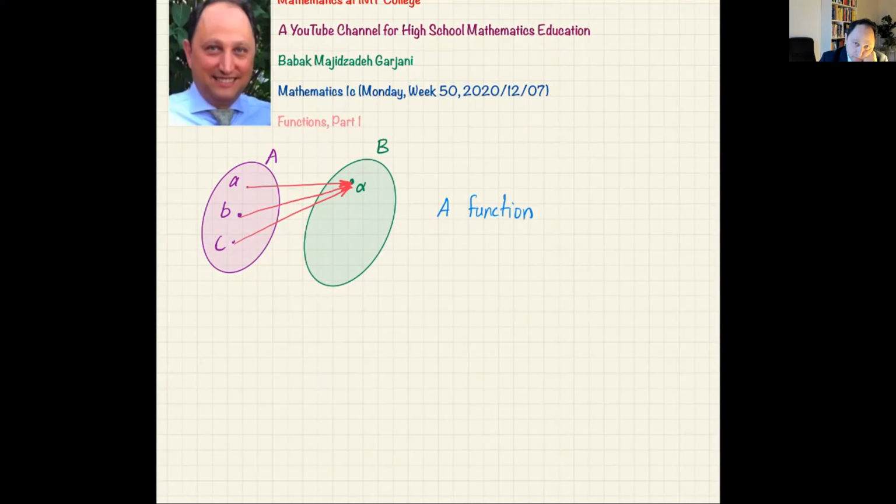Babak, I have a question. Yes? Can elements in A be assigned to more than one set? No, not at the same time, if I talk about one function. For example, you can have another set. Let me change my color here. I could have another set here, call it C, and then we can have different elements here.